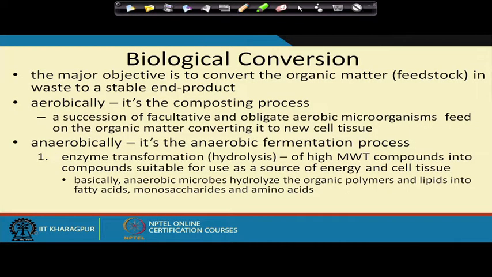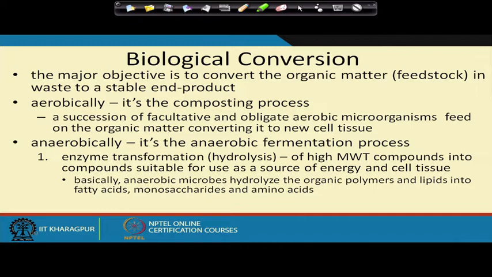Once this organic matter has been stabilized, it becomes more like a fertilizer kind of material, because it has some nitrogen, phosphorus, and potassium, and it has good soil-like property. So, it becomes a good quality compost as long as you keep the organic fraction of municipal solid waste separate. That is in terms of the aerobic.